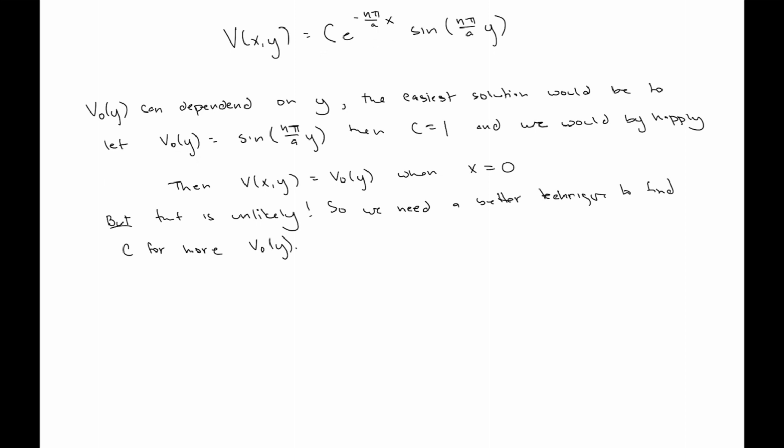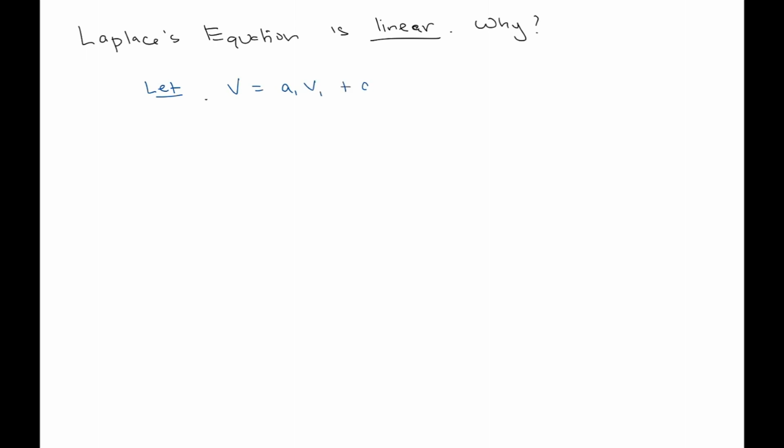Okay, so now we're going to recognize that Laplace's equation is what we call linear. Okay, how do I know that it's linear? Let's let the voltage be equal to the sum of a bunch of different terms with their own coefficients that I'm just calling A here.